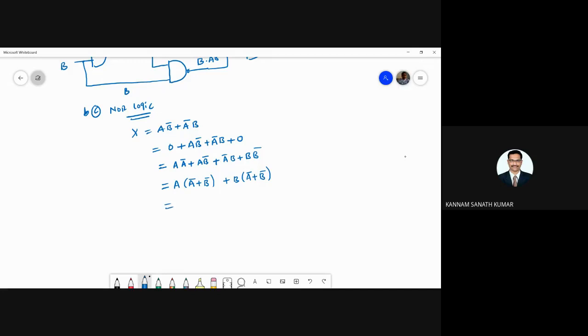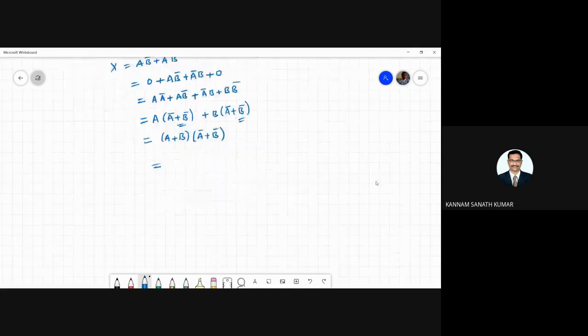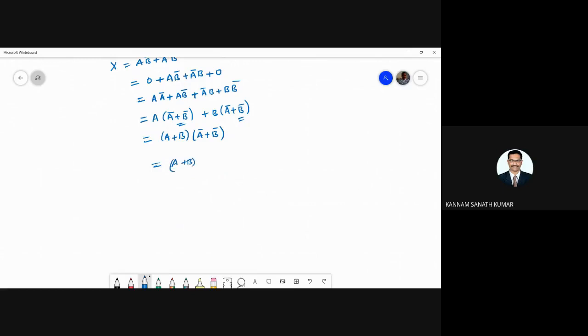So that means these both are common. With these both common, you can write A plus B into A bar plus B bar. So you can take A bar plus B bar common, and when you take it common, you are getting A plus B. Now, A plus B into A bar plus B bar whole bar.